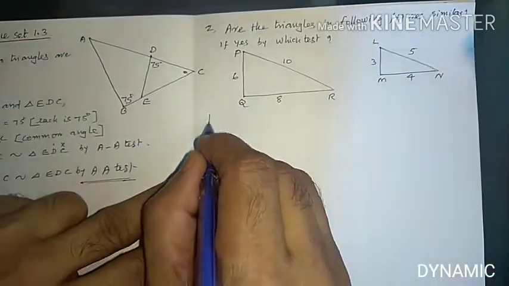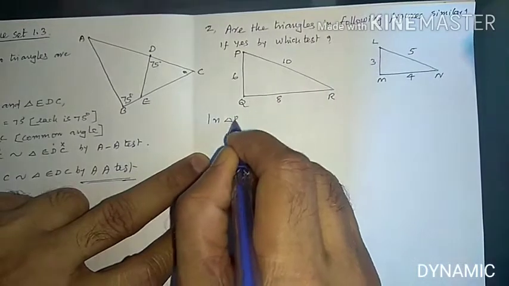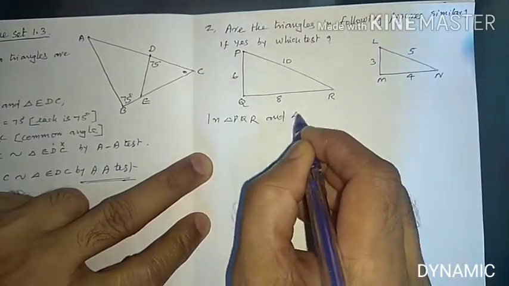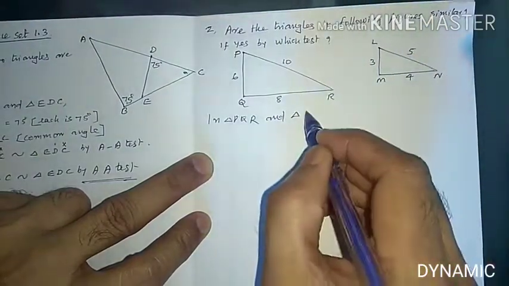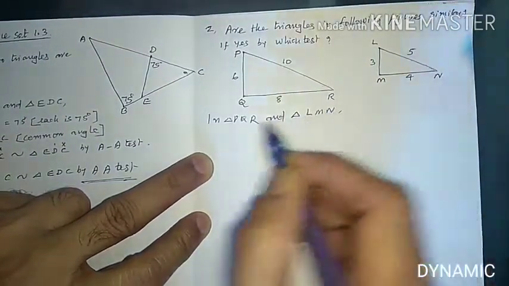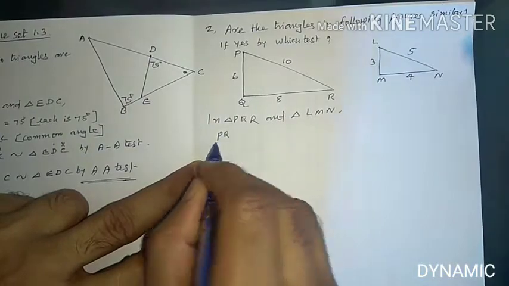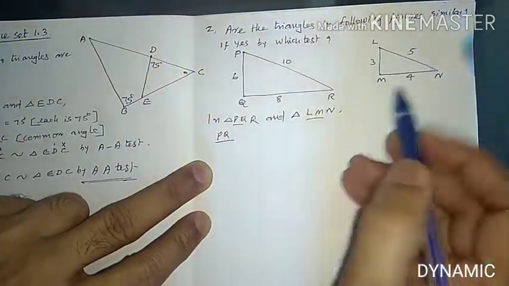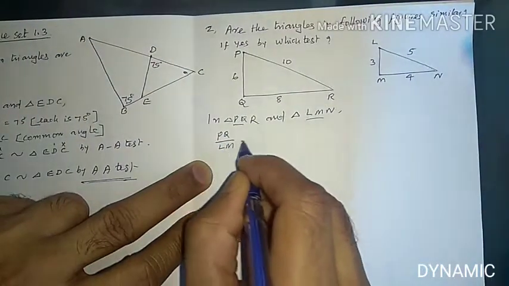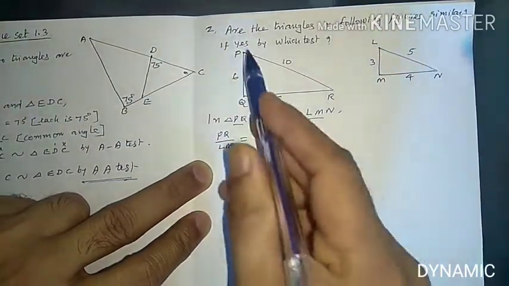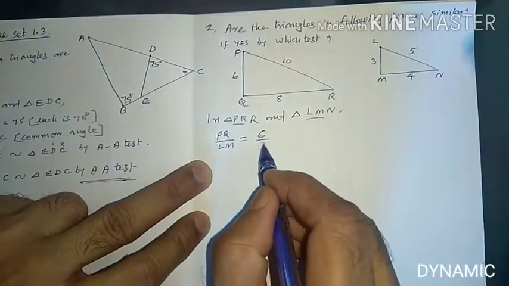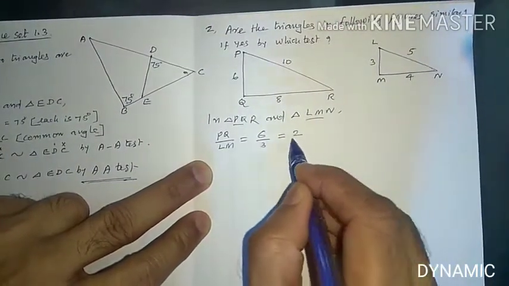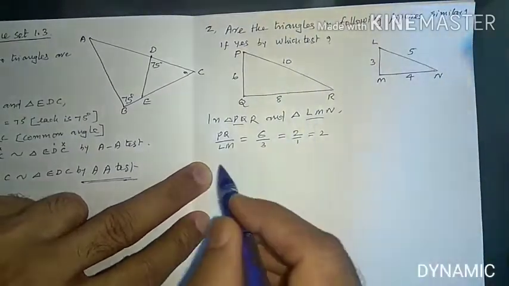We see in triangle PQR and triangle LMN, we find PQ upon LM. PQ is 6, LM is 3. What is the ratio? 3 cancels here, 2 by 1, which is 2.